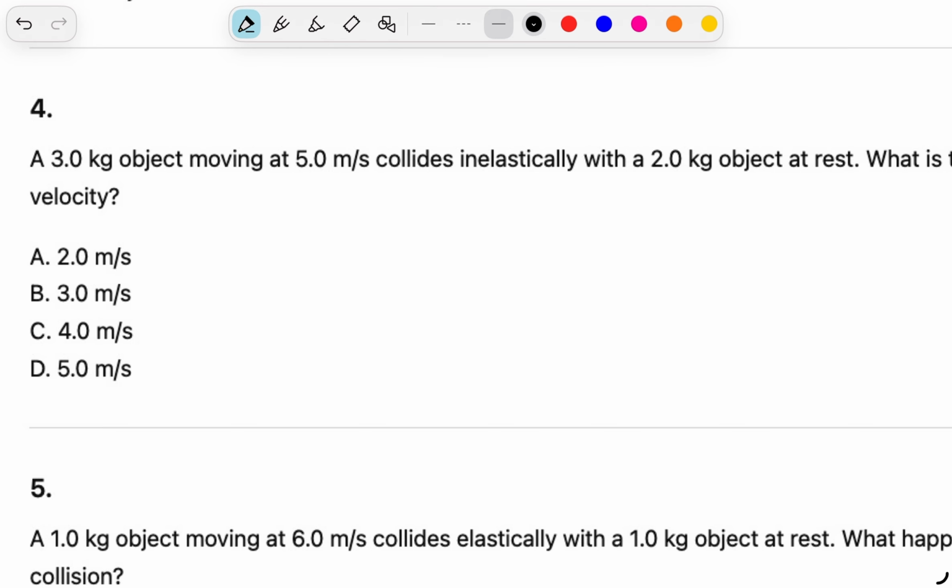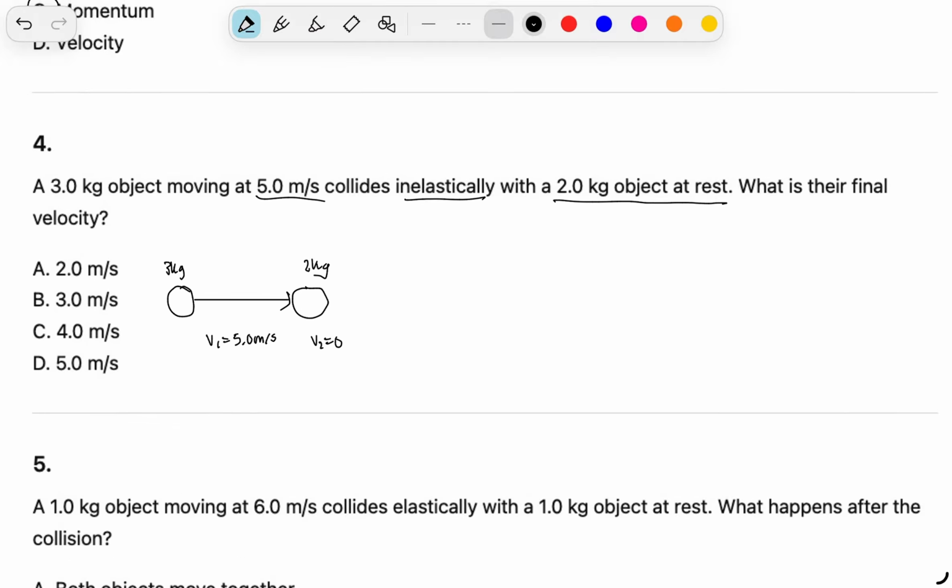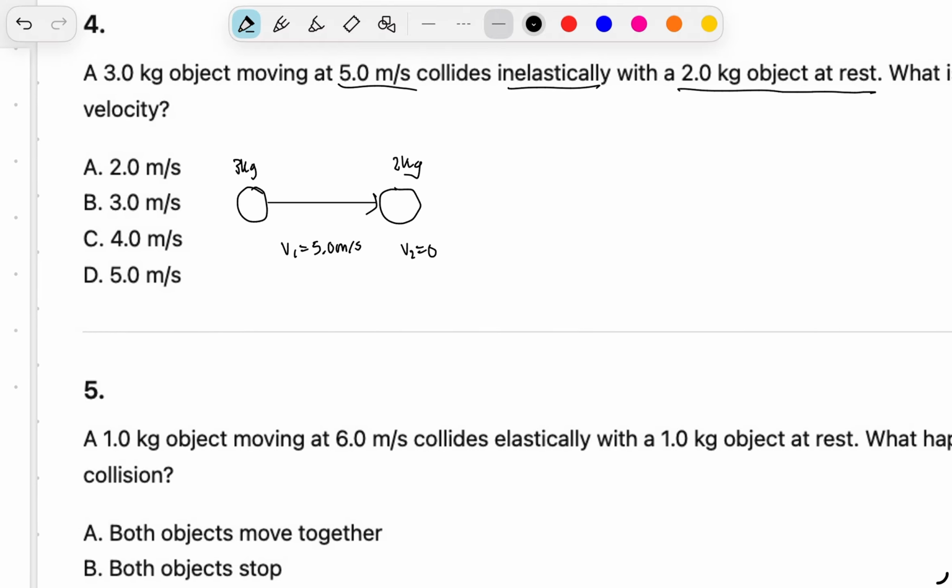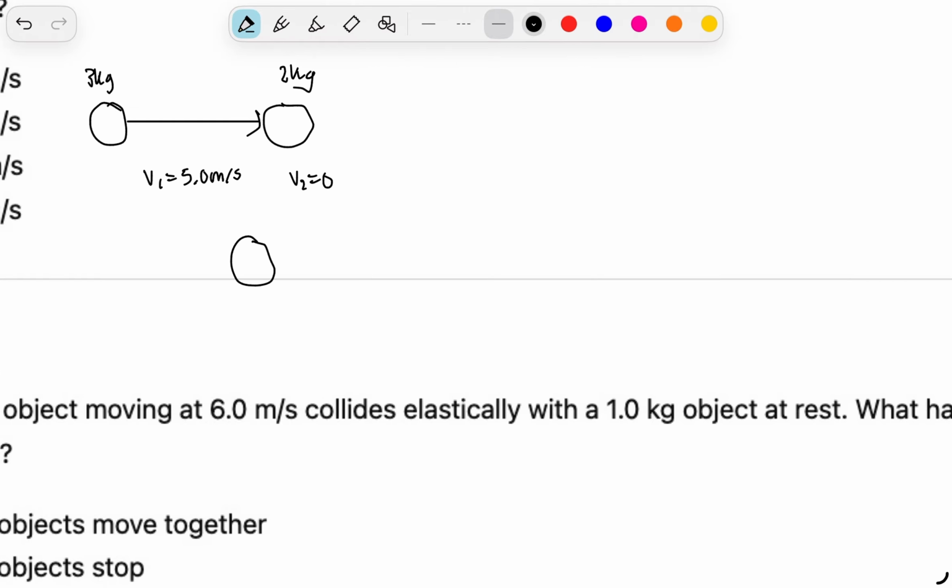A 3.0 kilogram object moving at 5 meters per second collides inelastically with a 2.0 kilogram object at rest. So this is 3 kilograms, this is 2 kilograms. What is the final velocity when they become one mass?